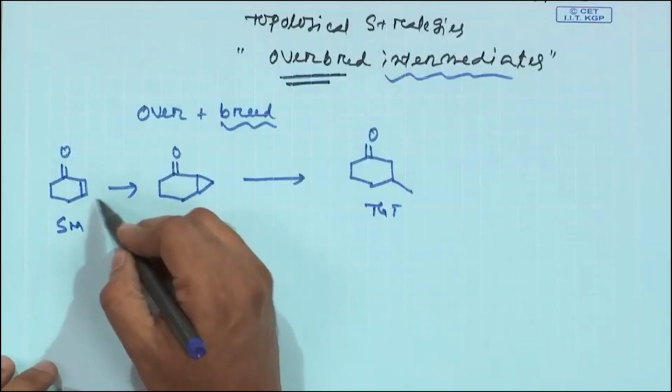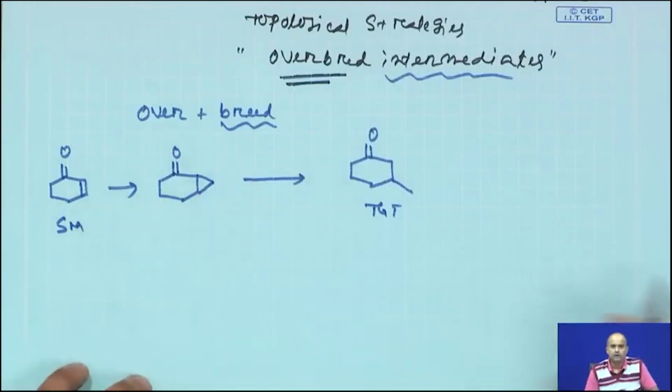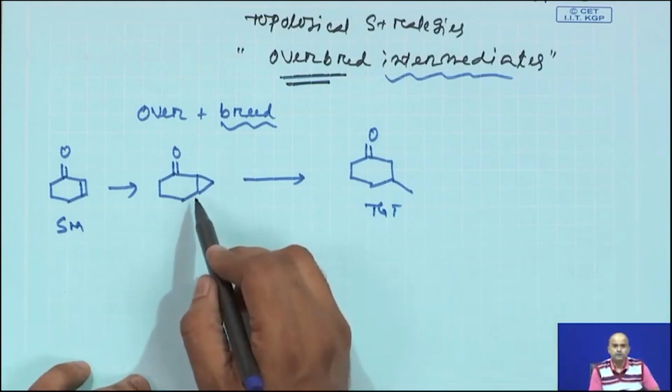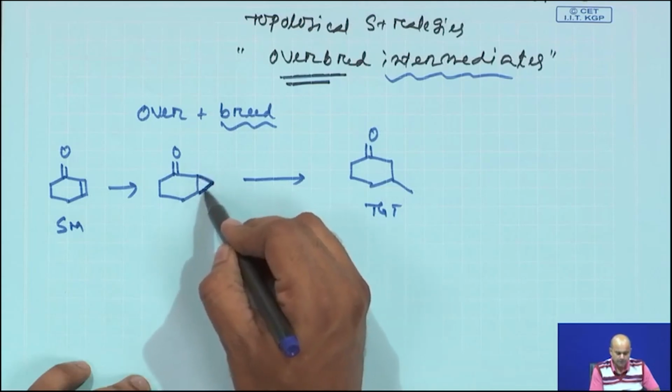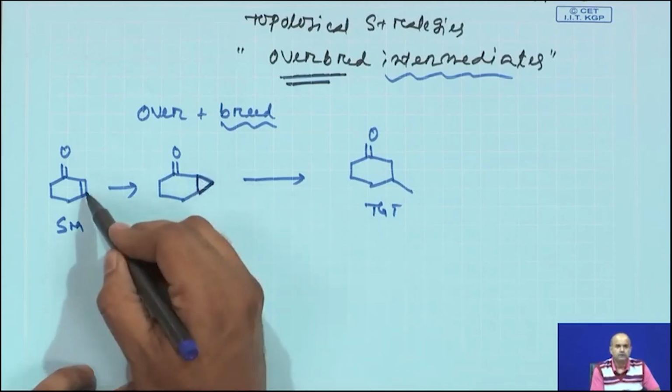Using the Gilman reagent, which is the straightforward case, is restricted. So, what people suggest is that you first create a cyclopropane ring on this double bond.